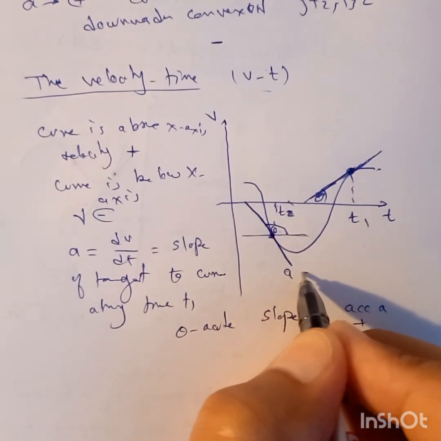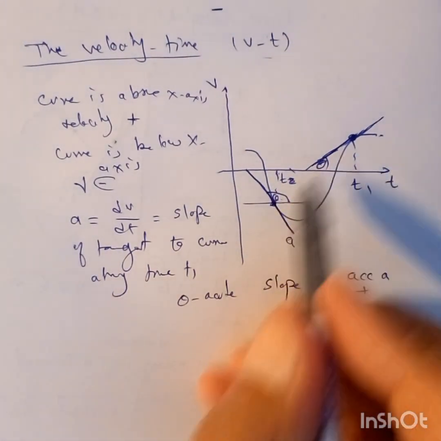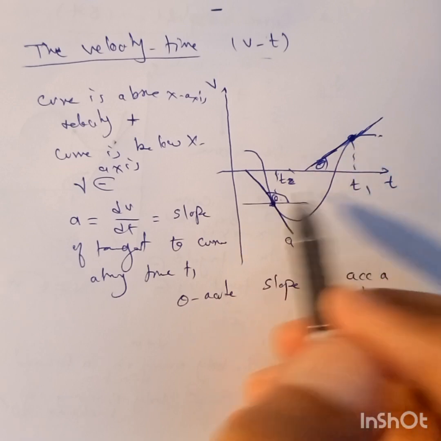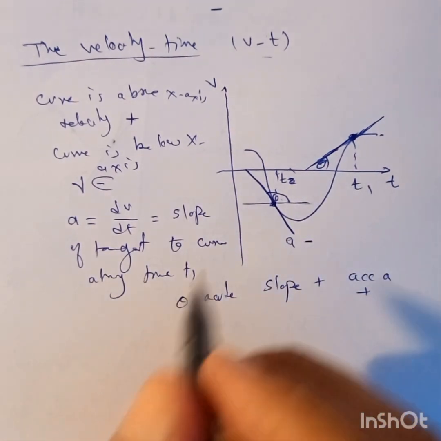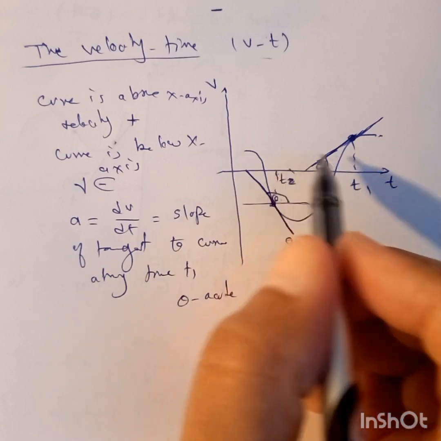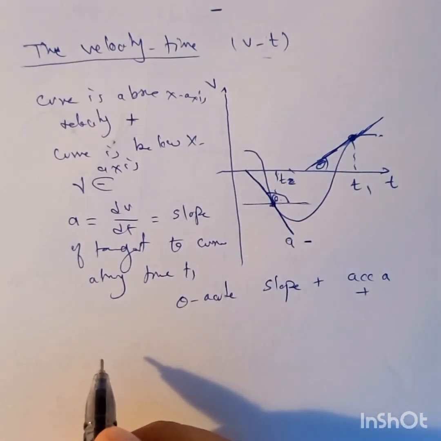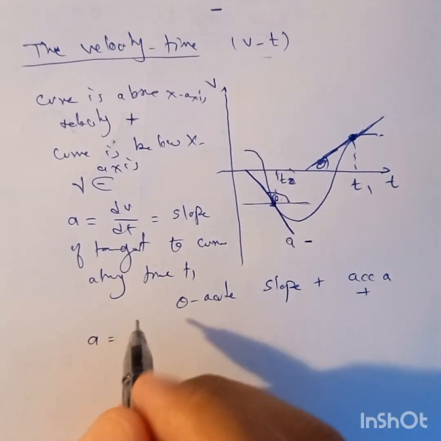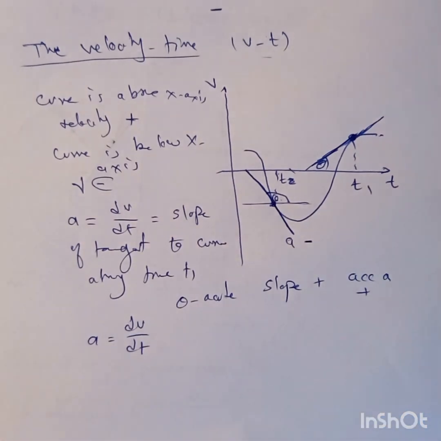As we know, the slope of the tangent to the v-t curve at any moment represents the acceleration of the motion of this body at this time moment, and as we know, acceleration equals dv/dt.